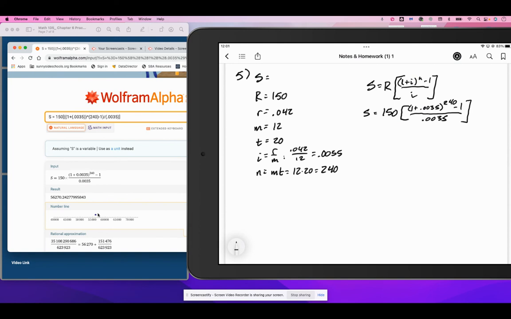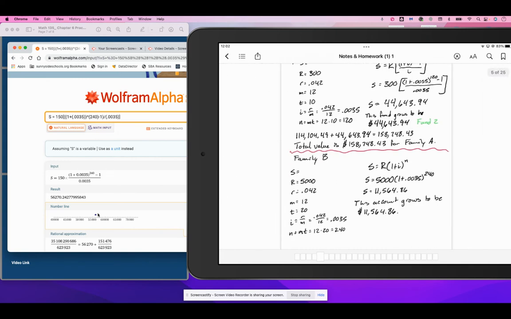So these folks end up with $56,000 and some change, 270.24. So this account grows to be 56,270.24. And so we need to see the total for these people. We've got to get what they got from the $5,000 that they invested here.